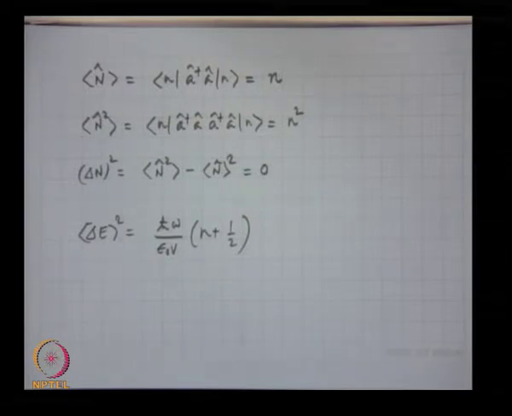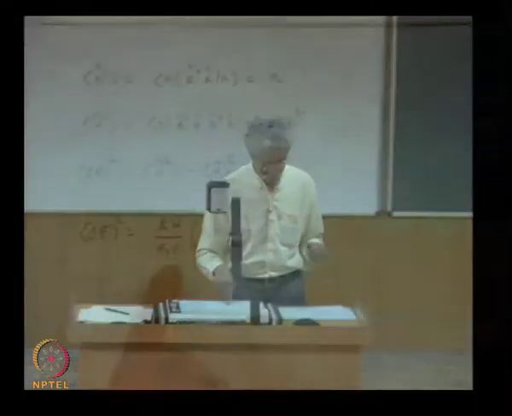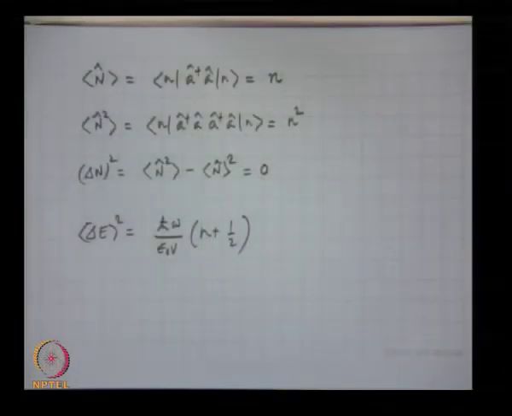So this is a state in which the number of photons is precisely defined. The average value of the electric field is 0. The variance in the electric field is given by this expression, and the variance in the two quadrature operators is given by half of n plus half.